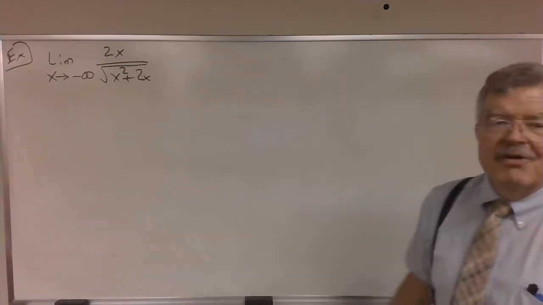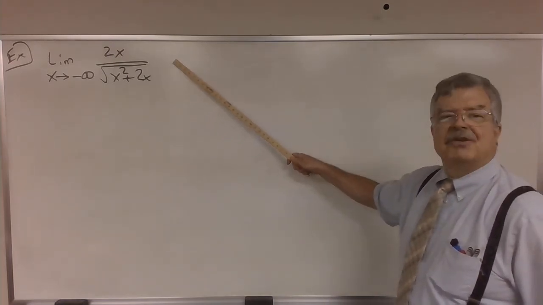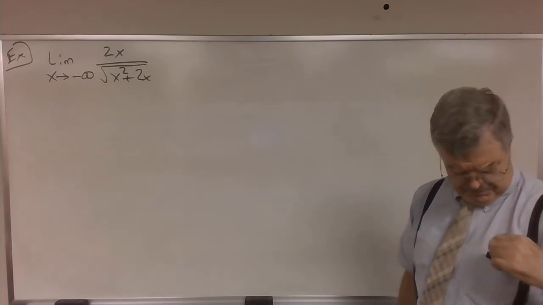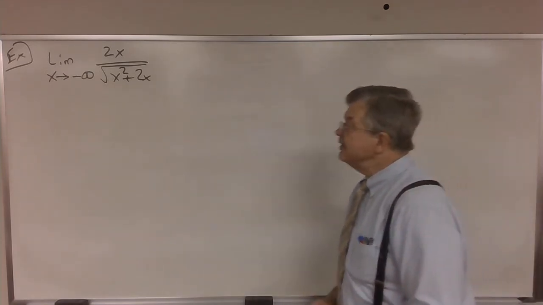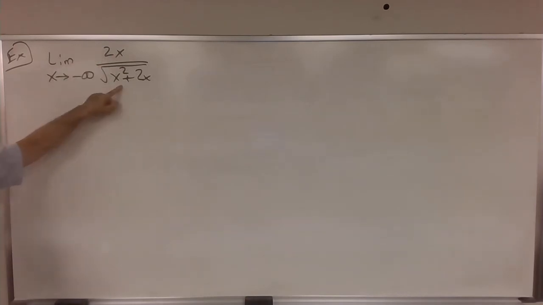Okay, with no further delay, we're going to get down to business and work this exercise. And the first thing that we want to notice is that we have the quotient of two expressions. And the top is a polynomial. The bottom is the square root of a polynomial.